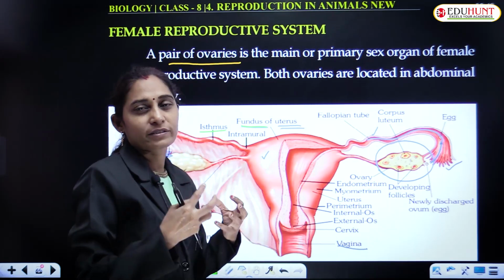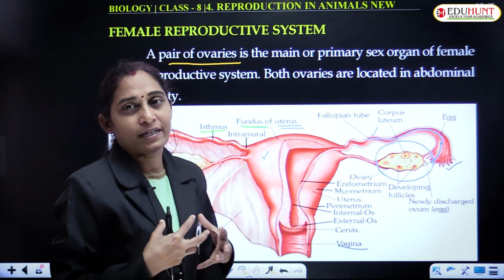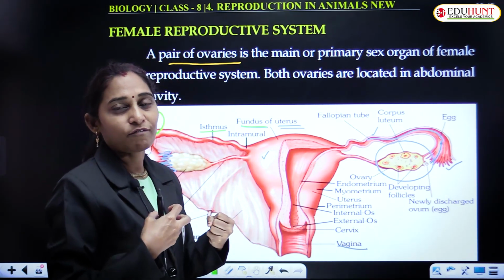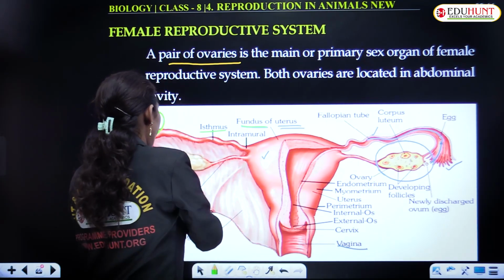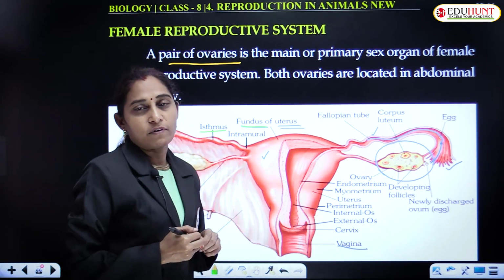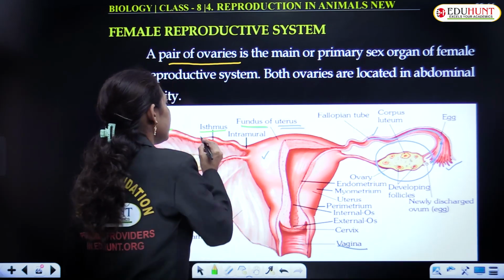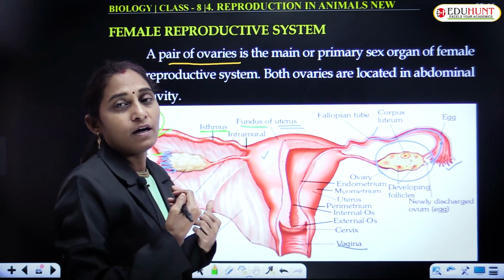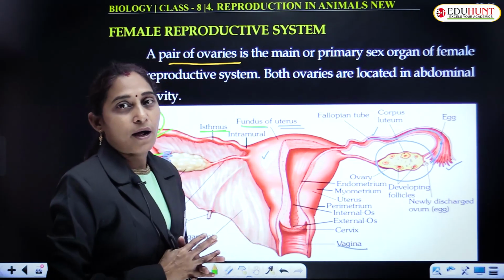The end of the fallopian tube is funnel-like, with fimbriae that capture the ovum after ovulation. This funnel-like structure is called the infundibulum, and the middle portion of the fallopian tube is called the ampulla. It is the site of fertilization, and the medial portion after the ampulla is known as the isthmus.